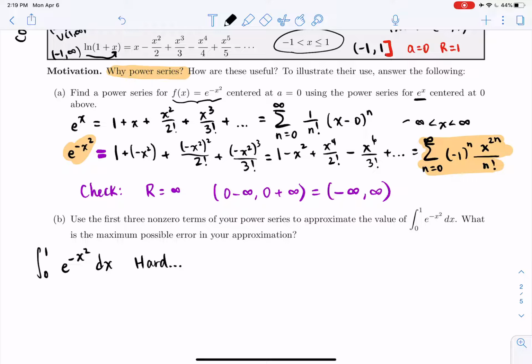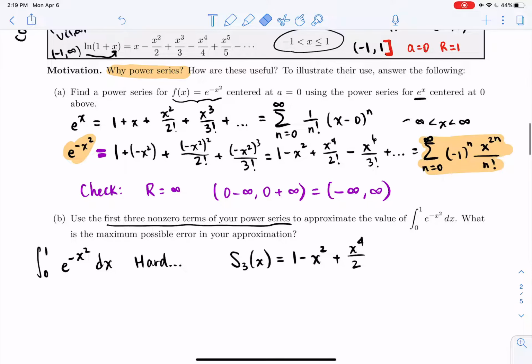So what this says is, let's use the first three non-zero terms of our power series. So our first three non-zero terms of our power series, I'm going to call it s sub 3 of x, is 1 minus x squared plus x to the fourth over 2 factorial. And remember, 2 factorial is just 2 times 1, so that's 2.